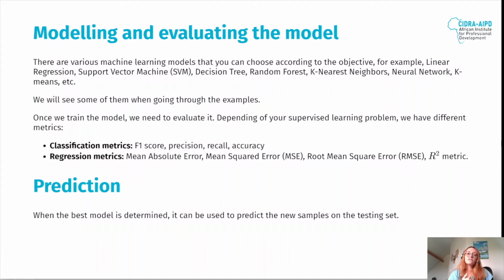For classification, you have what we call F1 score, precision, recall, accuracy, and confusion matrix. We're going to see all of them in more detail as we go through the examples. For the regression metrics, we have mean absolute error, mean squared error, root mean squared error, and the R2 metric, which again we're going to see being used as we go through the examples.